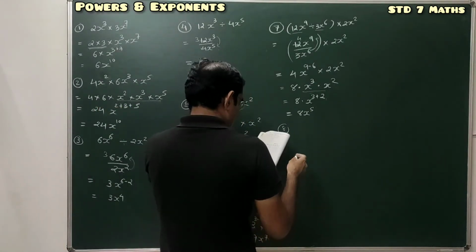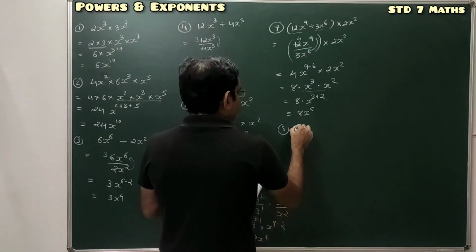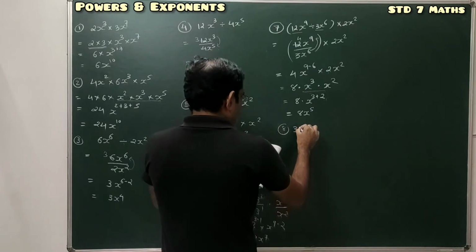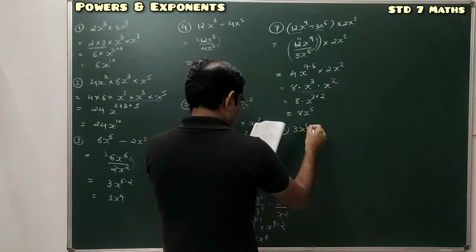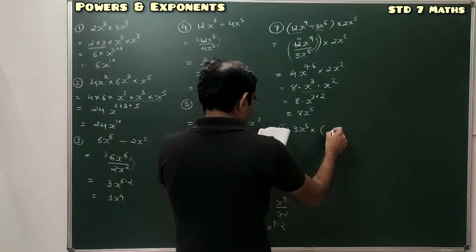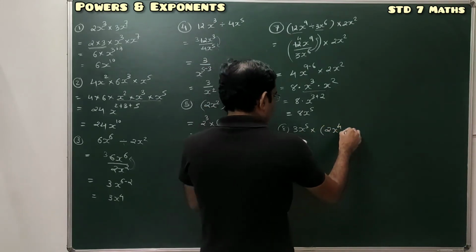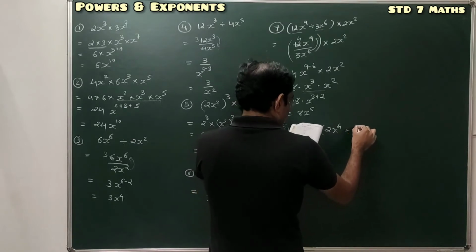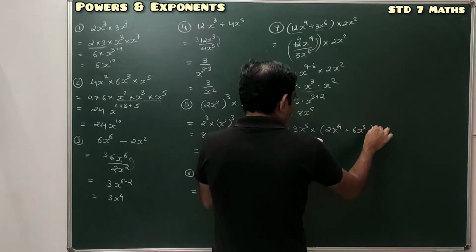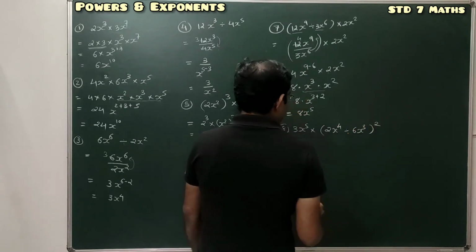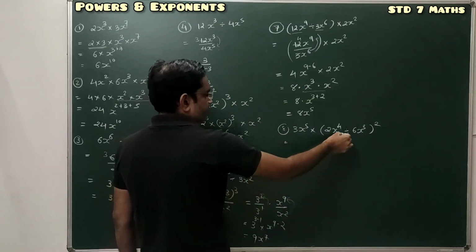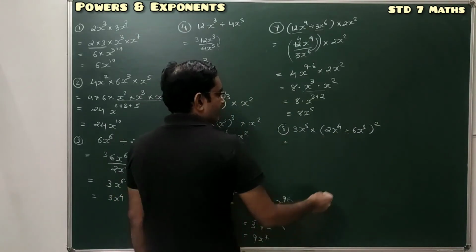Question number 8. It's 3x raised to 5 multiplied by 2x raised to 4 divided by 6x cube whole square is there. So again, first we'll simplify this bracket.